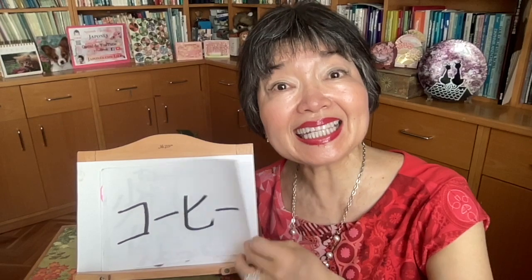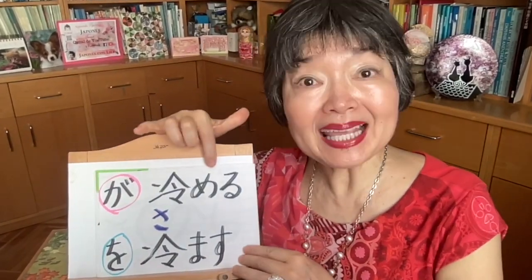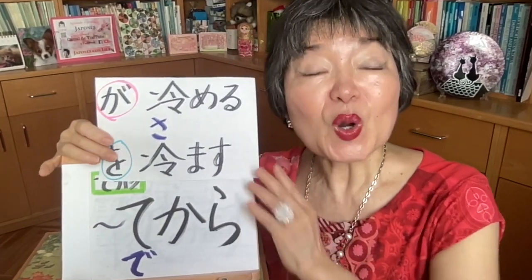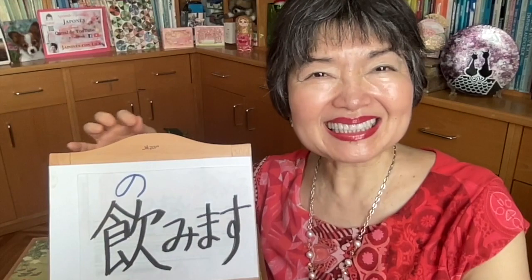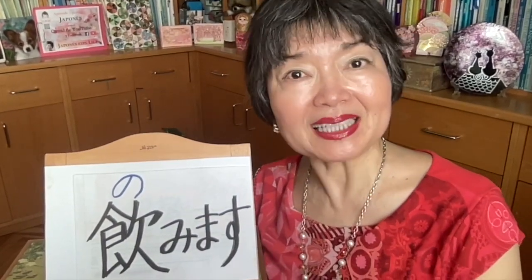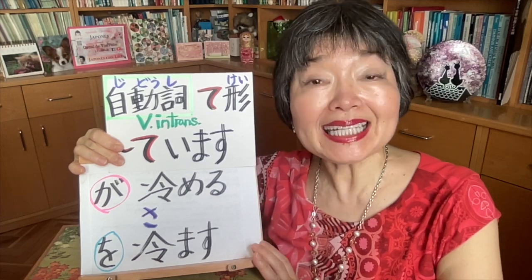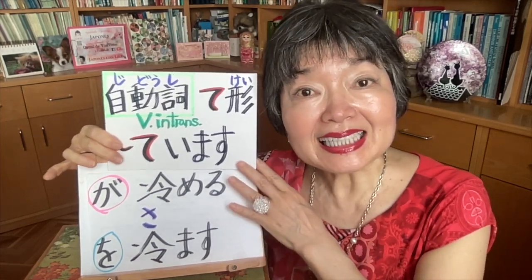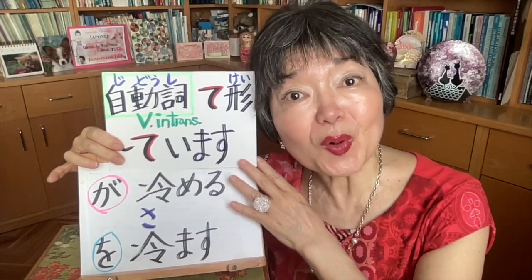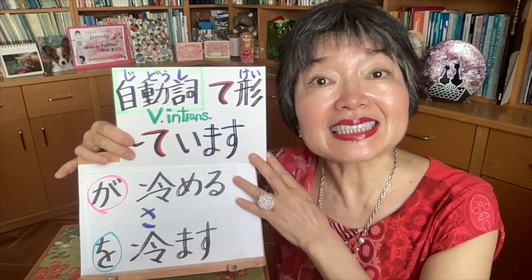コーヒーが少し冷めてから飲みます。In my previous video, Grammar 29 of JLPT N4, I explained about the intransitive verb in TE form and IMASU, and this expresses the state.